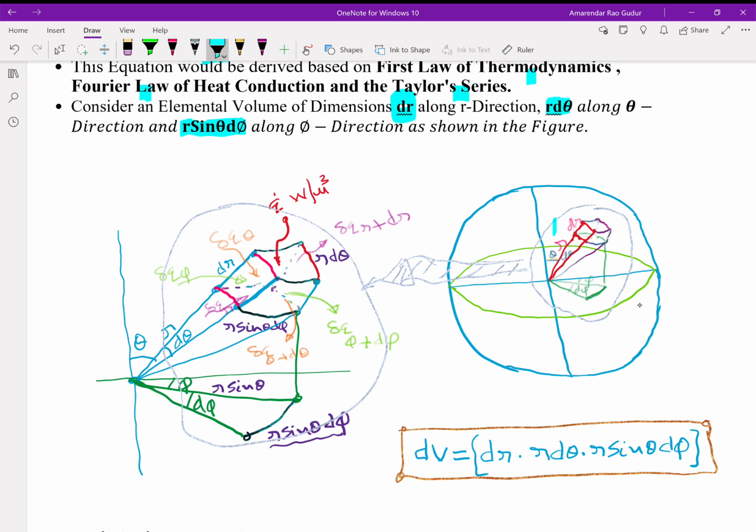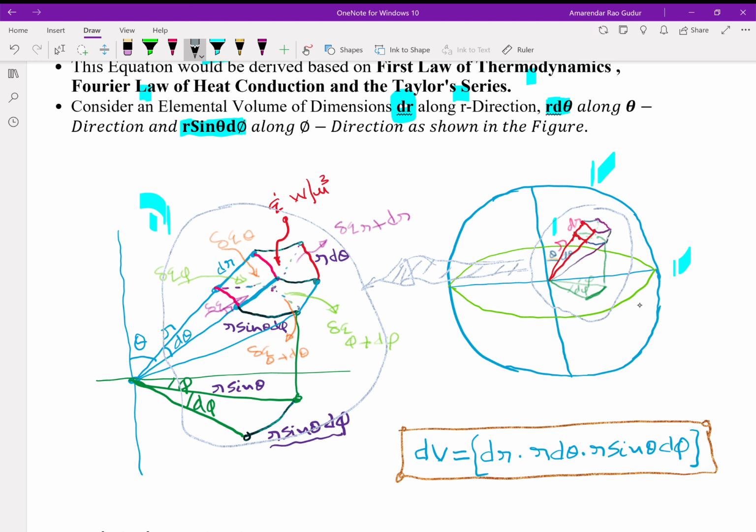To represent phi, we consider the horizontal plane represented by the green line, and we are going to project it onto the horizontal plane to measure the phi with respect to vertical plane, and this angle is d phi. So this particular green ellipse indicates the circle which is perpendicular to the screen. And to make it more clear, we try to magnify this as shown over here. And we have the elemental volume represented over here.